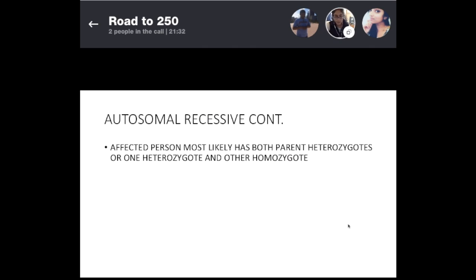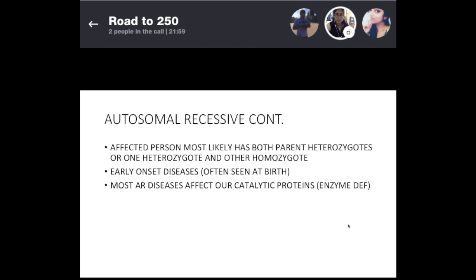A couple more things about autosomal recessive inheritance is that the affected person most likely, again, both parents are heterozygous carriers, or one parent is heterozygous and the other is homozygous. These autosomal recessive diseases are seen earlier in life, often at birth.